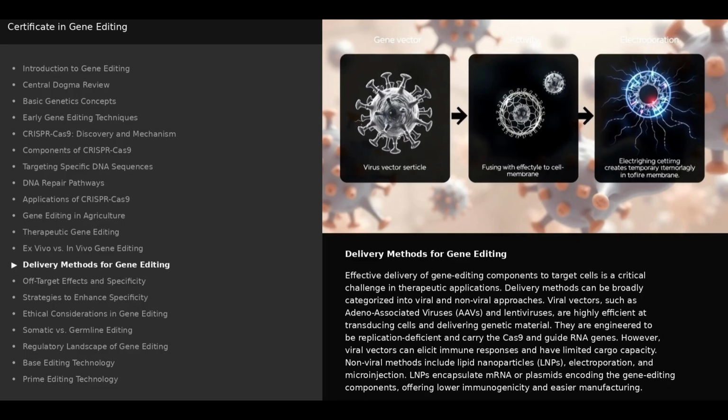Each method has its own set of advantages and disadvantages regarding safety, efficiency, and specificity. The choice of delivery method is crucial for successful gene therapy and depends on the target tissue and desired outcome. Ongoing research aims to develop safer and more efficient delivery systems. Optimizing these delivery strategies is key to unlocking the full potential of gene editing.